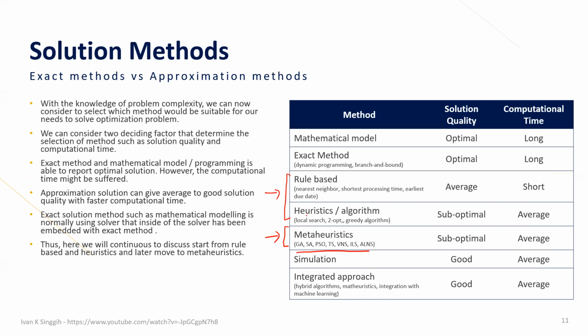But improvement doesn't mean that they got rid of these two categories. No, they are not a replacement. Meta heuristic is not a replacement for heuristics.